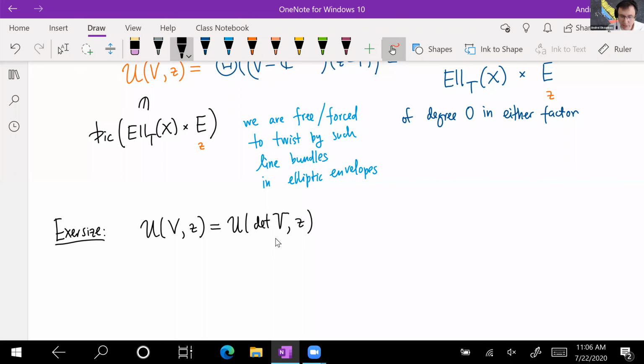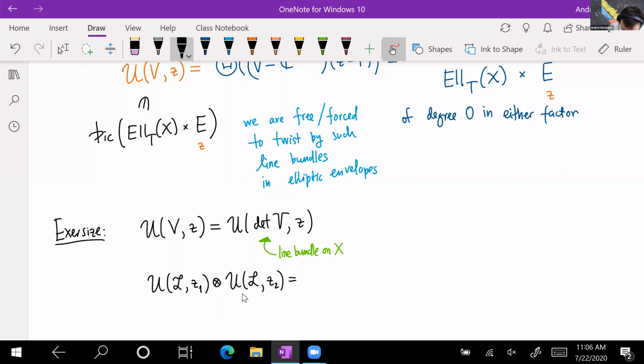I just take a line bundle. And then second, I reduce to a line bundle, so maybe I take a line bundle, and I have some variable Z1, and I tensor multiply the same line bundle with some other variable Z2.